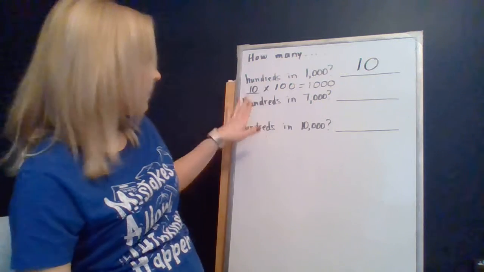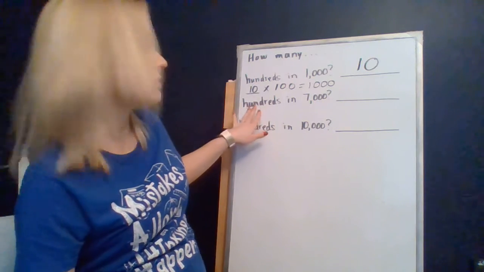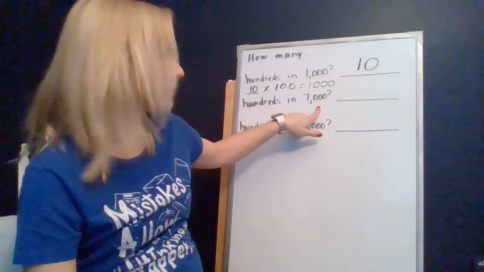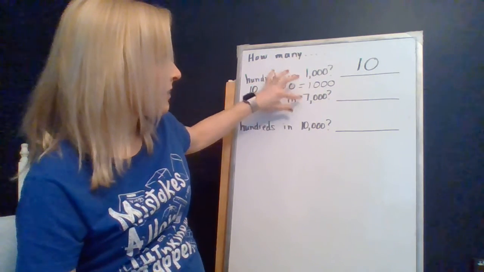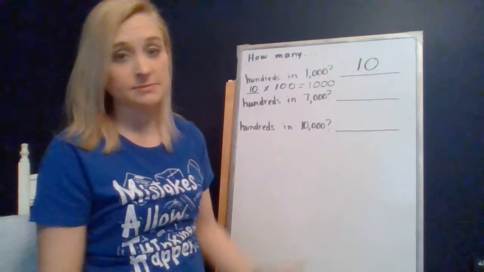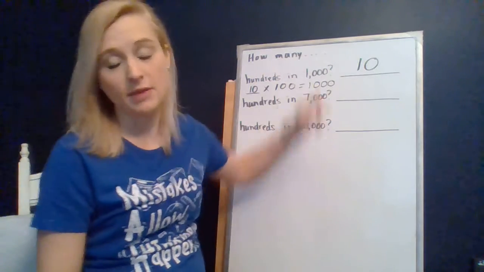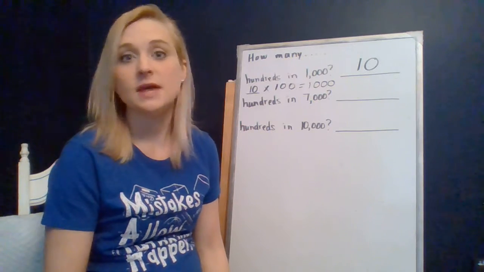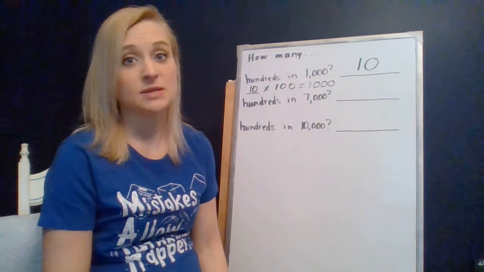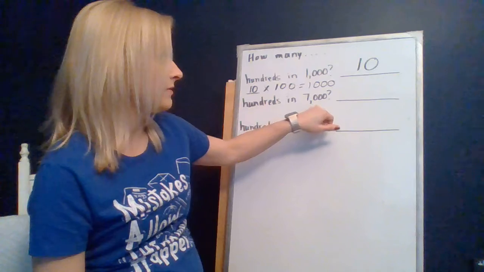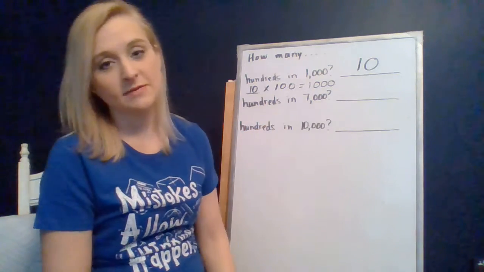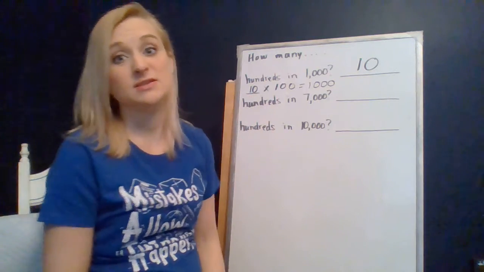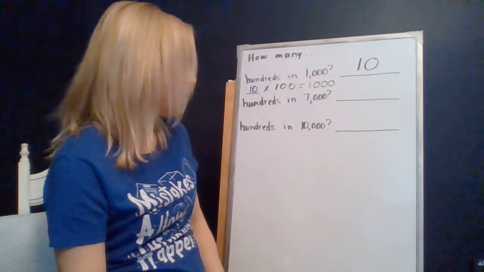So the next question you were asked is how many hundreds are in 7,000? Now, if you compare 7,000 to 1,000, how many times bigger is 7,000 than 1,000? Hopefully you can say at this point that there would need to be 7 1,000s to make 7,000. So that gives me a clue that maybe this factor over here needs to be 7 times bigger as well.